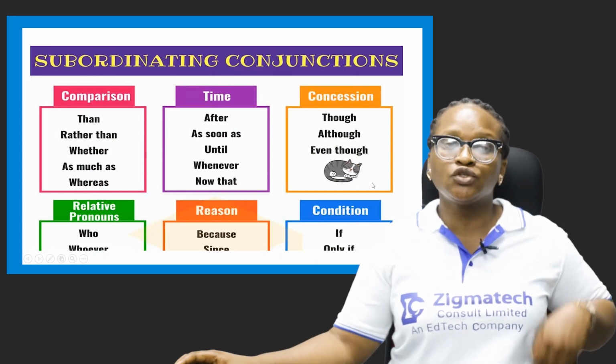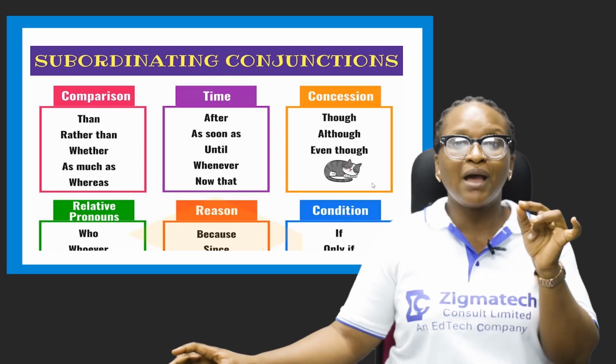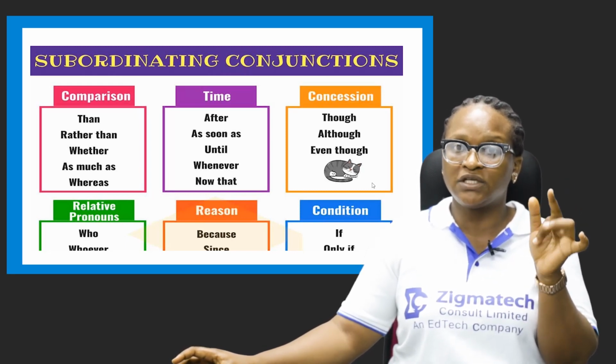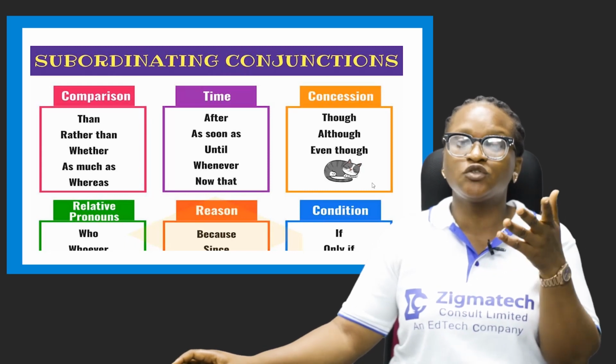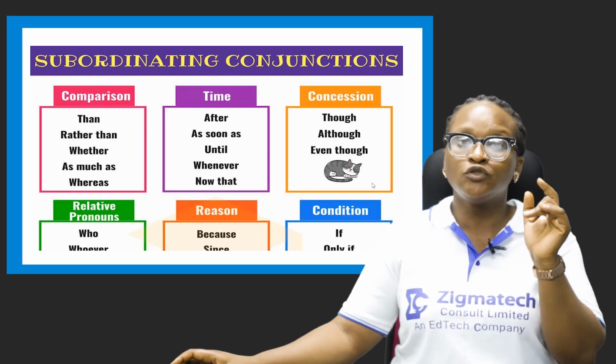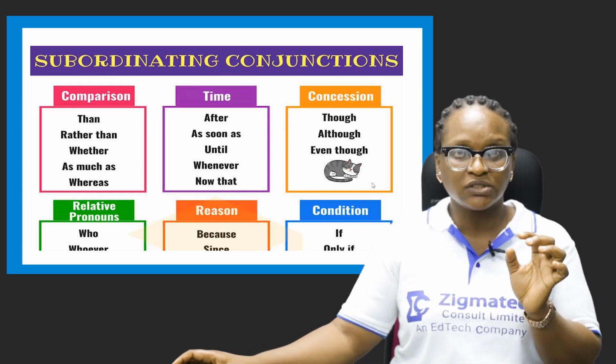Now, one thing I want us to know is that subordinating conjunctions can start a sentence. But remember, I stated in one of my lessons, when I was taking adverbs, that as much as you can use your subordinating conjunctions to start a sentence, do well to finish with the independent clause, that's the main clause.